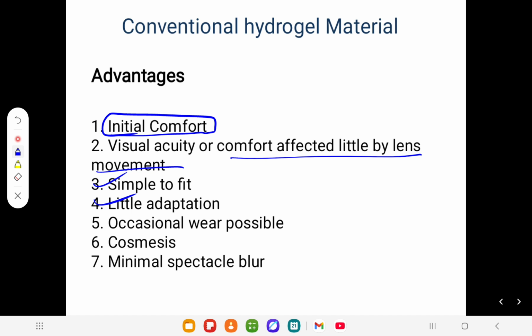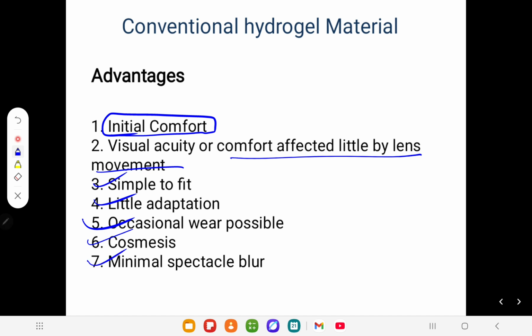Occasional wear is possible. Is it possible in RGP? Yes, possible, but in soft contact lenses, especially hydrogel lenses, we can even use daily disposable contact lenses. Cosmetics, yes, soft contact lens is a huge market in cosmetics, especially contact lenses which change color. And minimum spectacle blur.